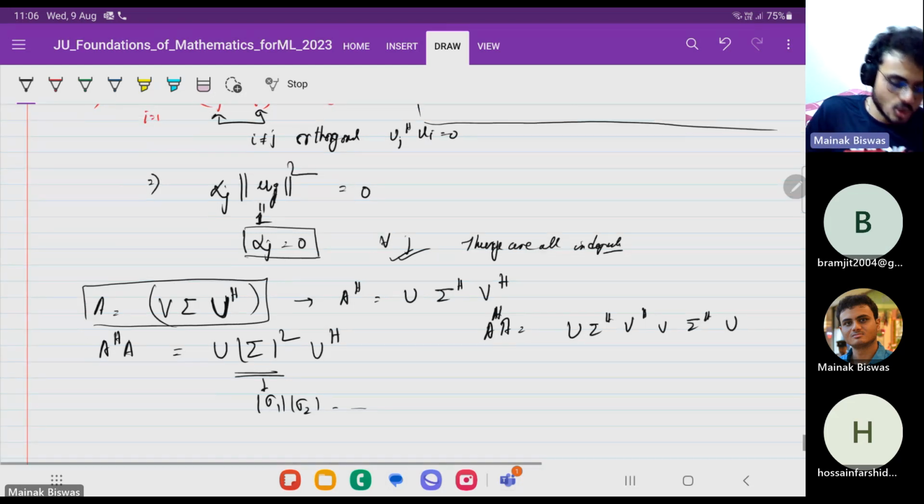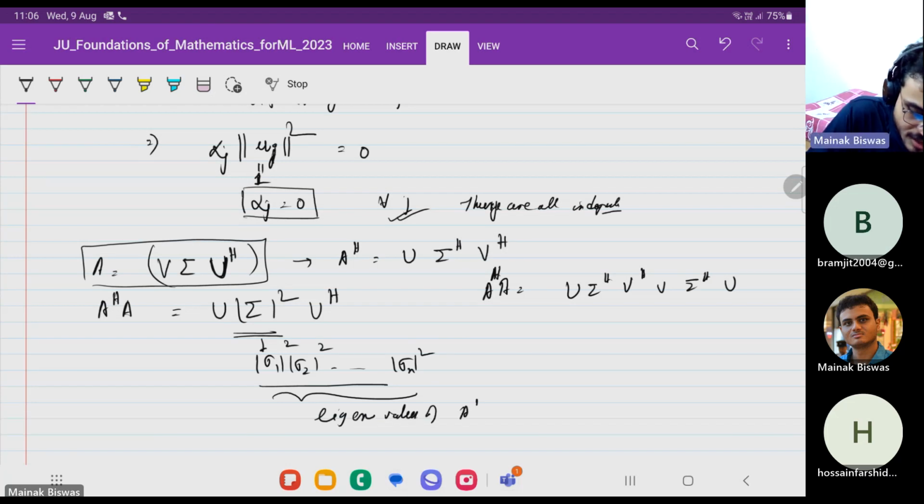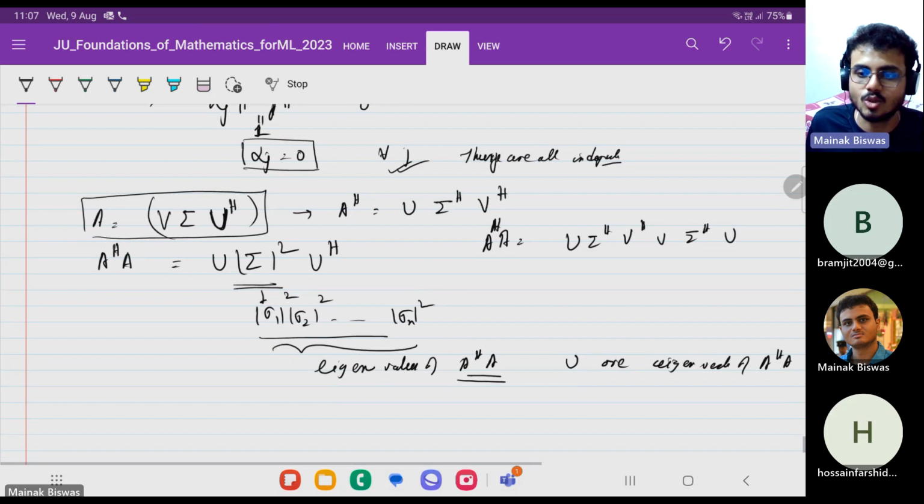So these are the eigenvalues of A Hermitian A, and the U's are the eigenvectors of A Hermitian A. Similarly, the V's will be the eigenvectors of A A Hermitian, and so on.